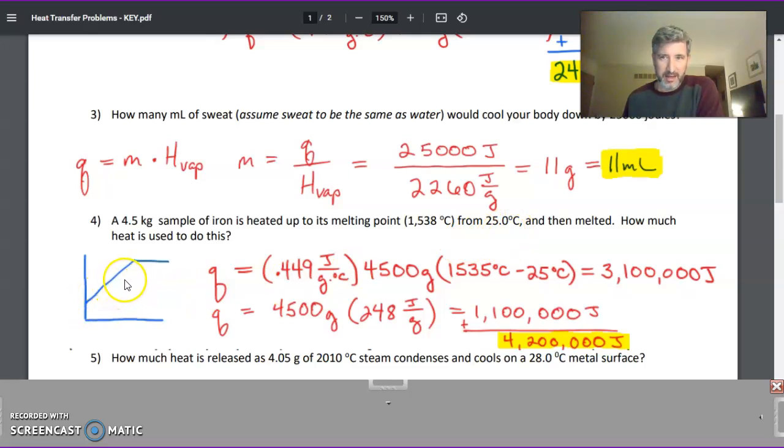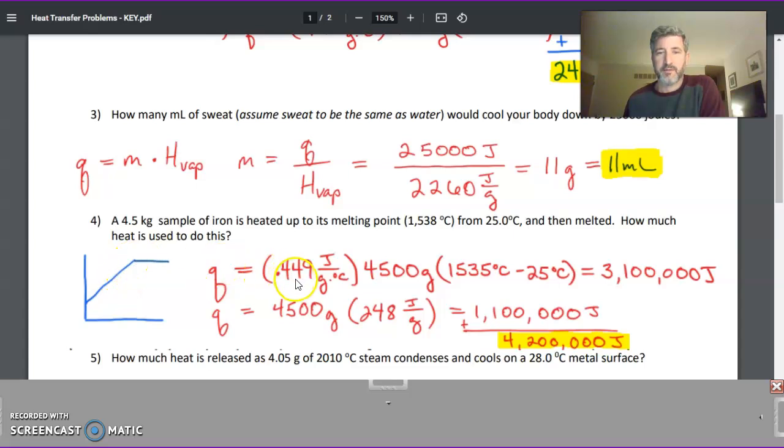It's going up to its melting point, which if I look it up again on the table, 1,538 degrees. So it's heated up to that temperature. Okay, so that's going to represent a difference of 1538 minus 25 as my delta T, going from here to here. And so this is a specific heat calculation.